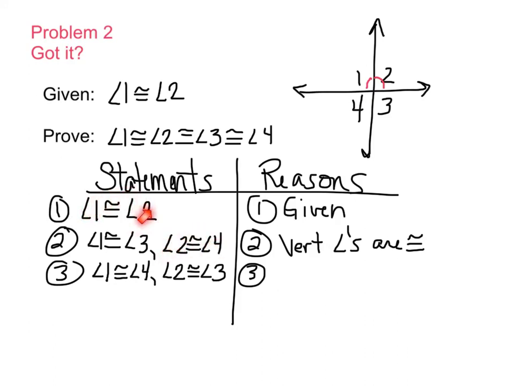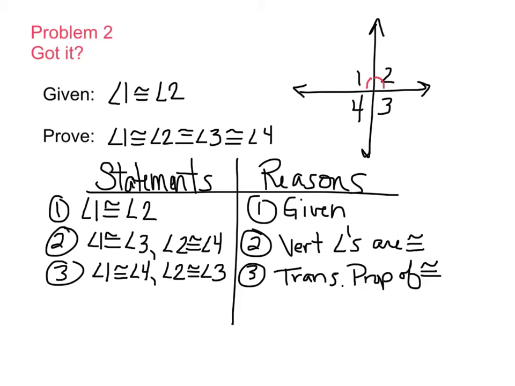Because 1 and 2 are congruent, and 2 and 4 are congruent, then we can say 1 is congruent to 4. We also know that angle 1 is congruent to angle 2, and angle 1 is congruent to angle 3, therefore angle 2 is congruent to angle 3. We have not used this yet, but this is the transitive property of, now we're talking about congruency, not equality here, so transitive property of congruency.